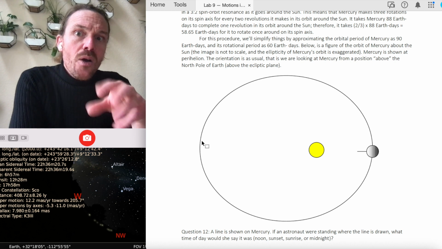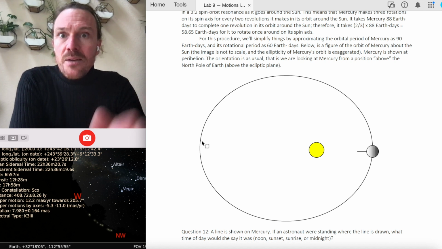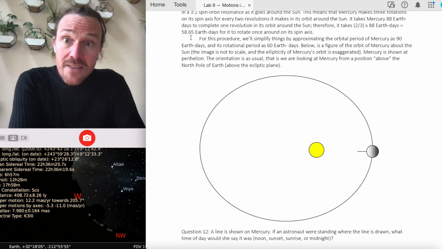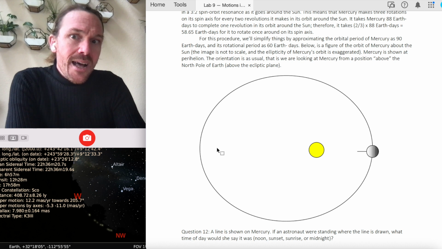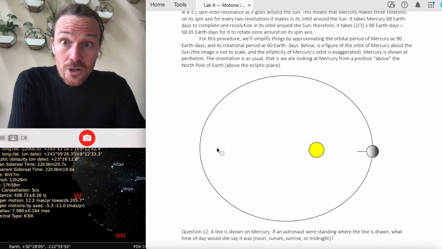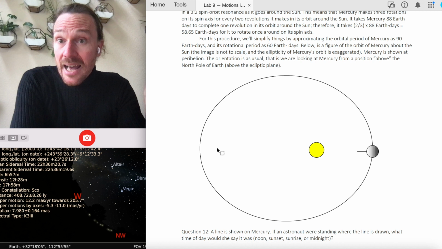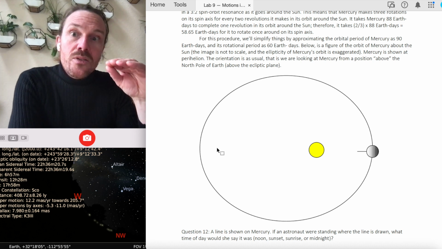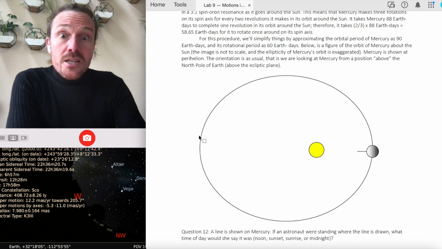Okay, now what about its day? How much of its day has gone by? Well, its day, which is more accurately 58.65 Earth days, we're assuming is 60 Earth days. So at 45, it's gone 2/3 of a day, right? Things work out pretty nicely here, because if we split the year into halves, we get 45. If we then split that 45 into thirds, this right here would be the 45-day mark.